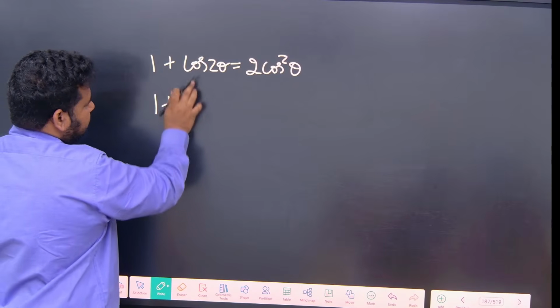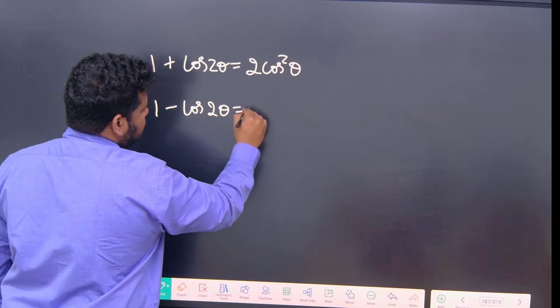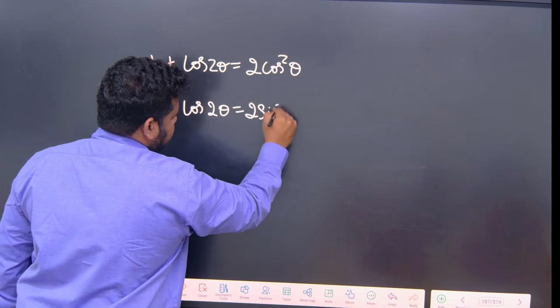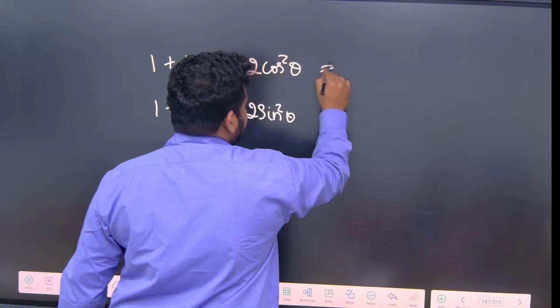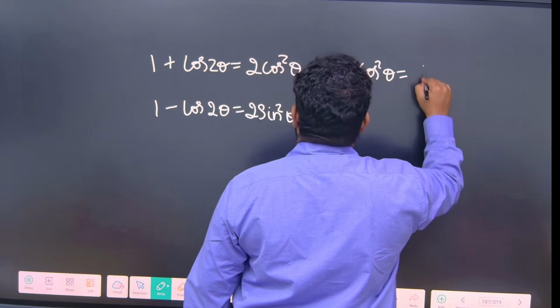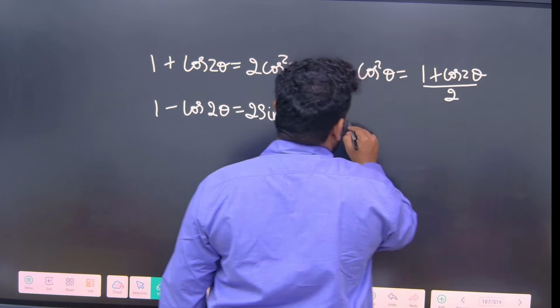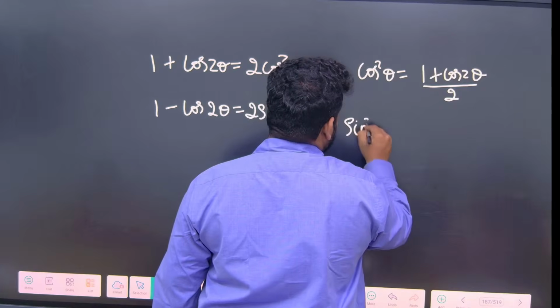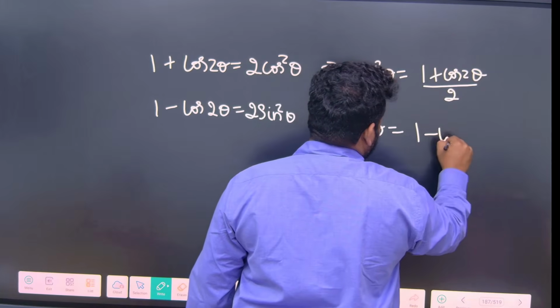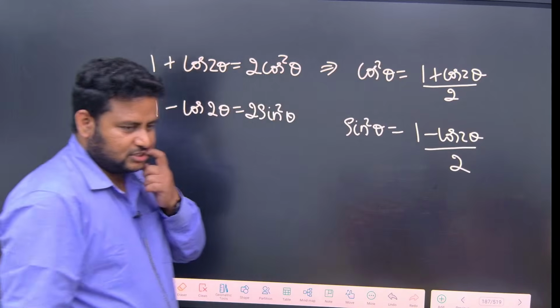Similarly, 1 minus cos 2 theta is equal to 2 sin square theta. This implies wherever cos square theta is there, I can write it as 1 plus cos 2 theta by 2. Similarly, wherever sin square theta is there, I can write it as 1 minus cos 2 theta by 2.